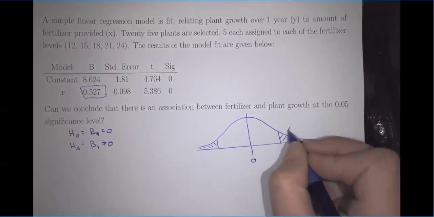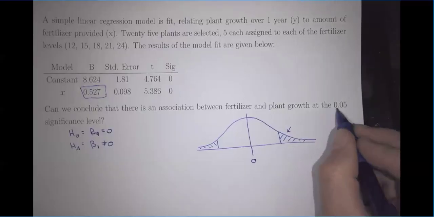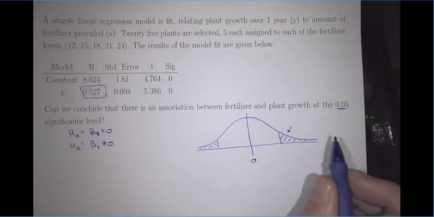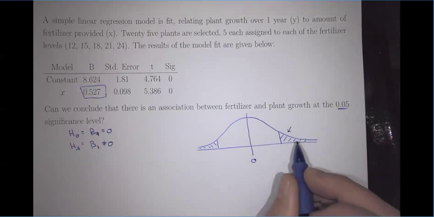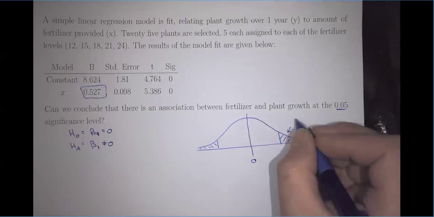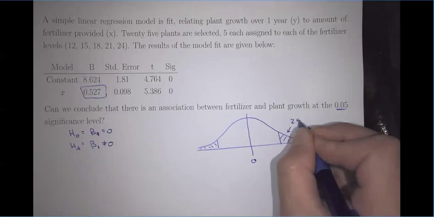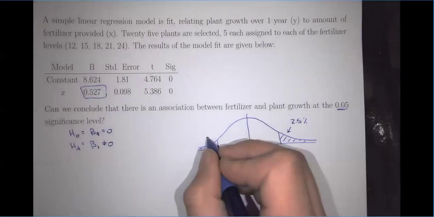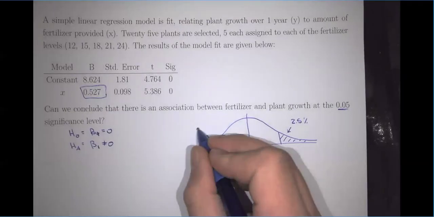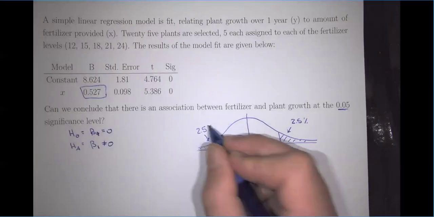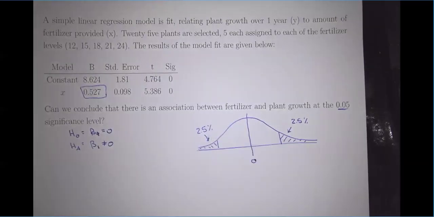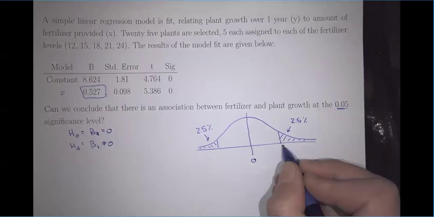So in this tail, because we're at a 0.05 level of significance, half of that 5% is here. So this is 2.5%. And here is another 2.5%. And so we're looking for this value here.